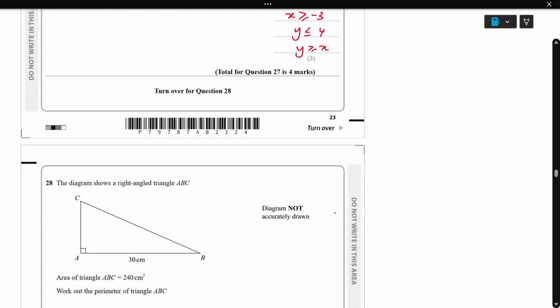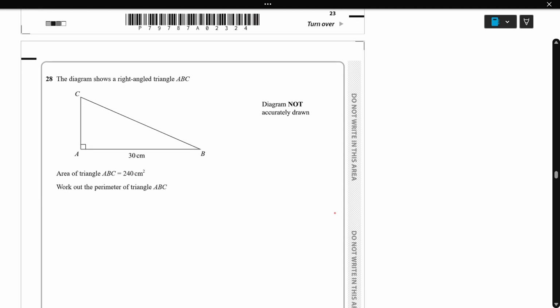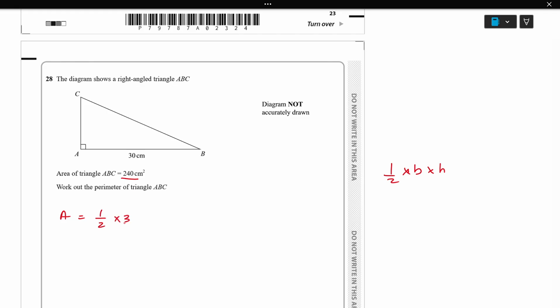That's it. Here, question number 28. The diagram shows the right-angled triangle ABC. The area of the triangle is 240. Find the perimeter. For the perimeter, we should find all the sides. First I can find AC because the area is given. Area equals half base times height. The base is 30 and the height is AC here.